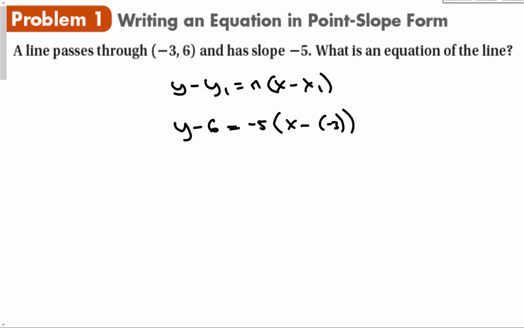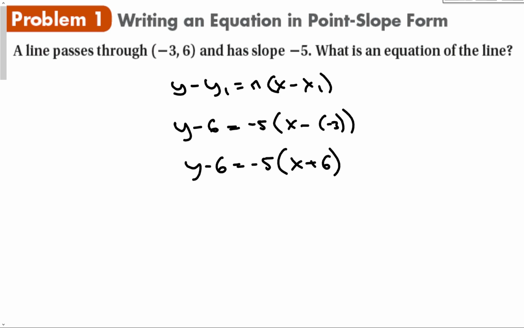Of course, I can simplify this, since minus a minus turns into a plus. So y minus 6 is equal to -5 times x plus 3. Now, this is point slope form of the line.